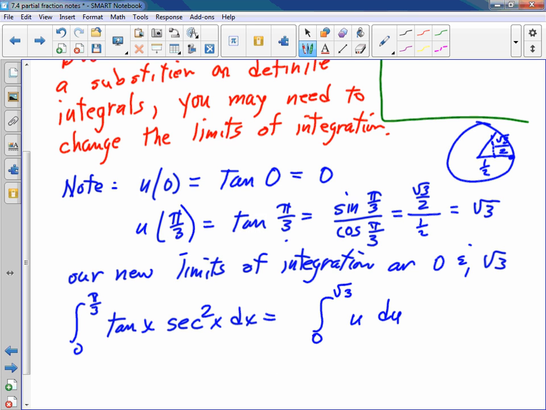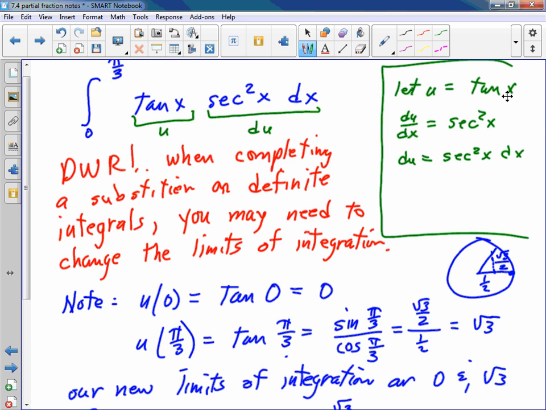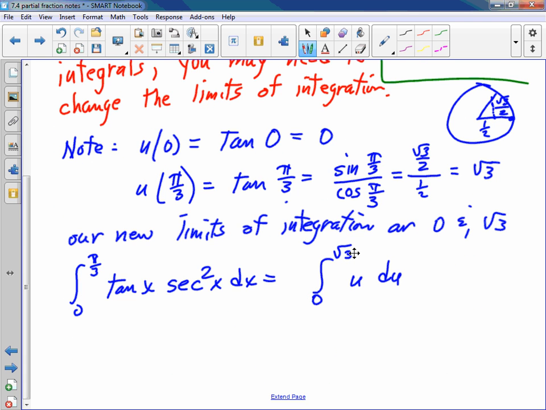And this is where it gets cool, okay? Because this is a definite integral, all I got to do is plug those in, and I'm done. There's no substituting or anything. There's no putting it back together. Mo, last time you said, oh, I have to put tangent x back in. Because I already did this work here, all I've got to do is plug these values in.